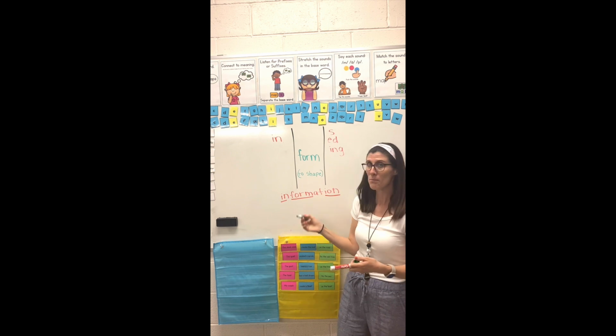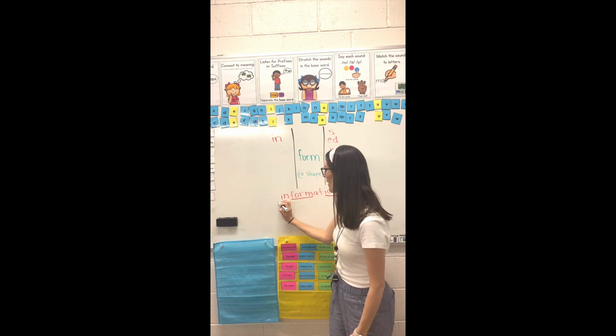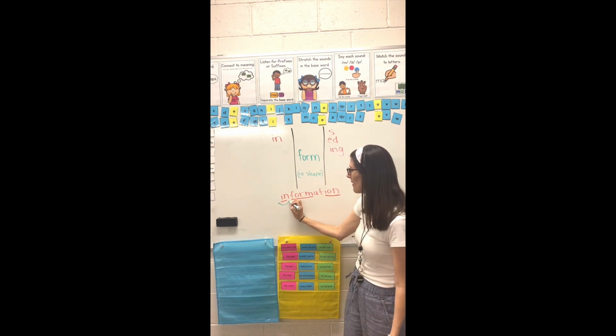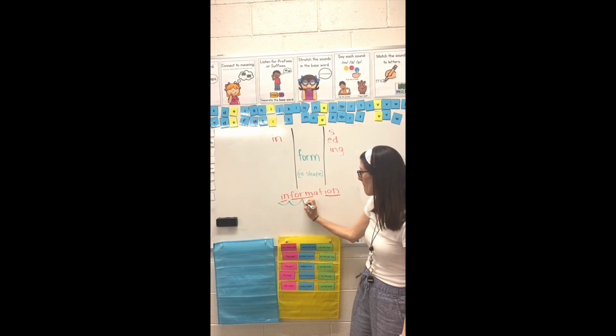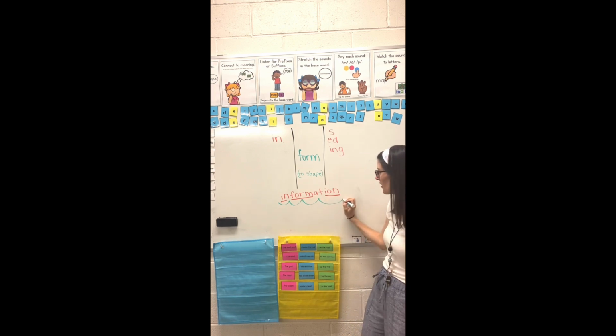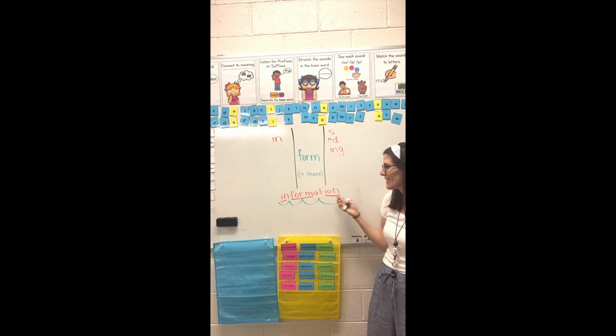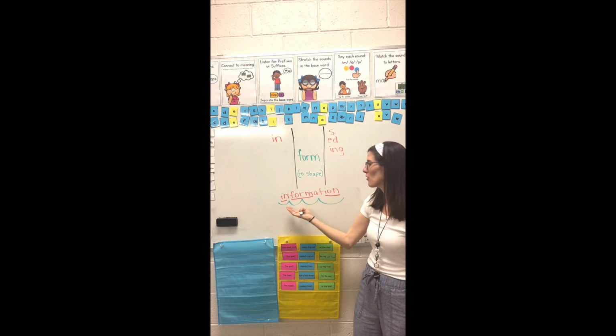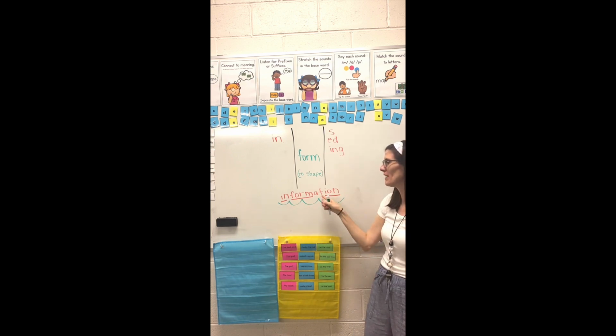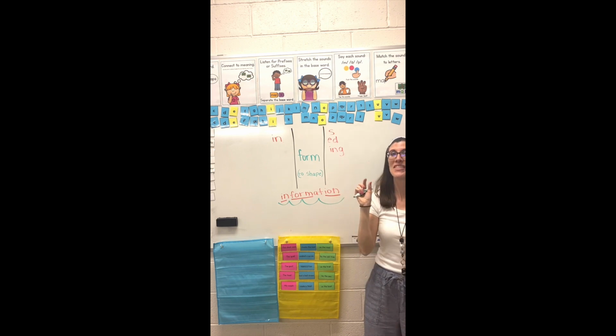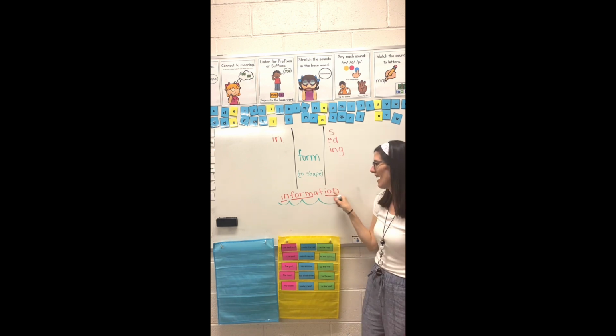If I'm dividing this word up by syllable, I would do it like this: in, for, may, shun. That's how I would break it up, and we do need that T to say shun. So if you're looking at it that way, that's not wrong. The syllable is shun, but the suffix is ion.